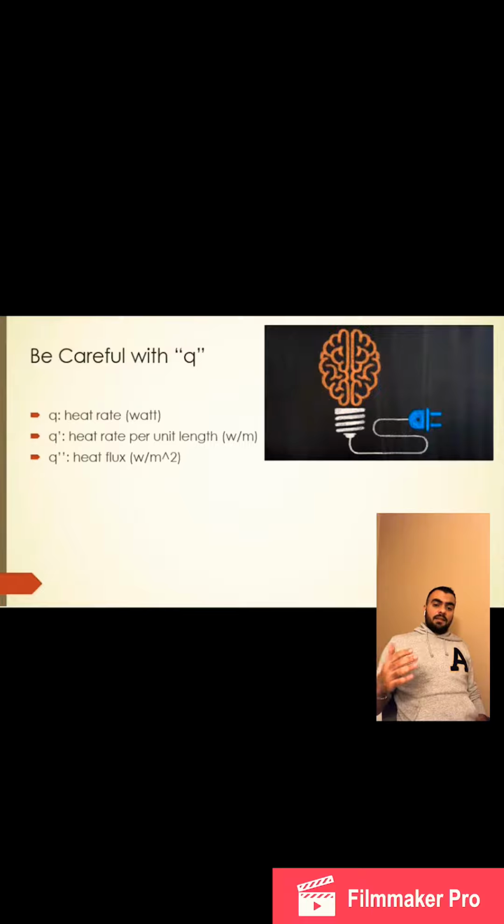And the very last Q, Q double prime, is heat flux, and it's in watt per meter squared, so watt per area. In this question, we are asked to find the heat flux, so we're going to have to divide by the area.